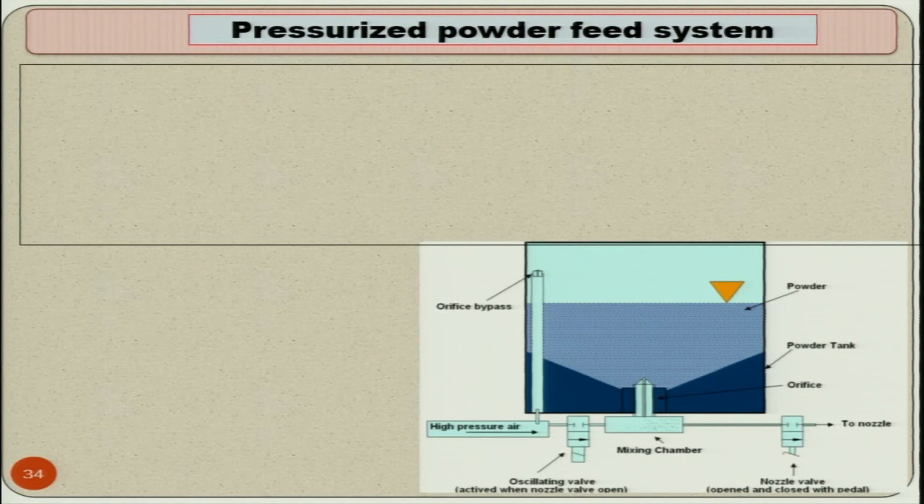As you can see here in the diagram, there are various parts like the orifice bypass here, and high pressure air goes into this system. This is the oscillating valve, active when the nozzle valve is open, and here is the mixing chamber where air and abrasive particles from the container, coming in through the orifice, get homogeneously mixed.